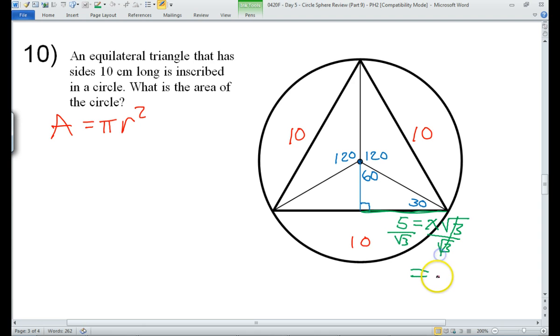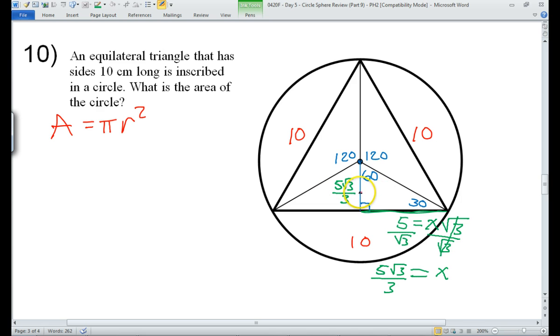If I put this in my calculator, 5 divided by radical 3, I'm going to get 5 radical 3 over 3. Now that's not very pretty, but that is the length of the short leg. So the short leg is 5 radical 3 over 3.